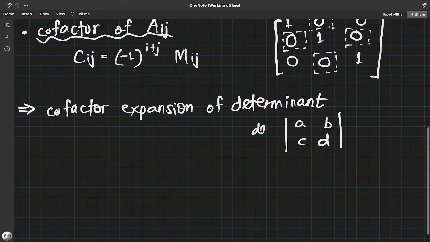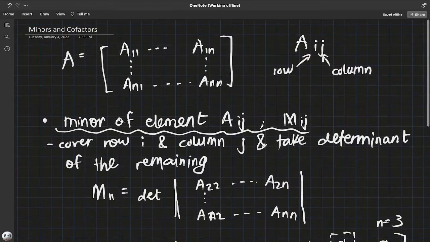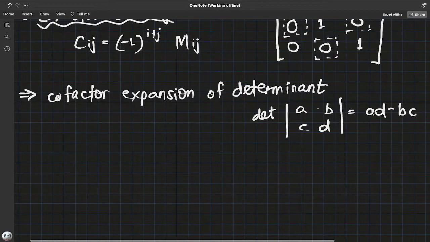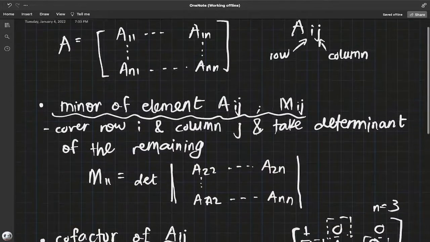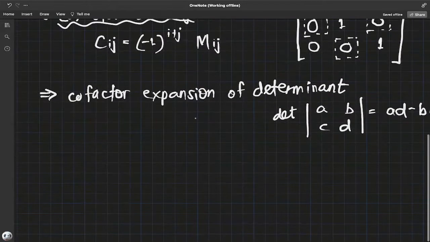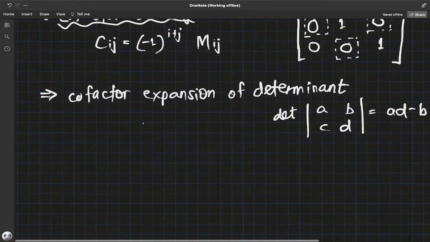You can define the determinant for a 2x2 system to be AD minus BC, this product minus that product, and then all the other determinants will recursively build on top of this, because once you say determinant, you have to basically go inside this and do another cofactor expansion, as we will talk briefly after this idea.